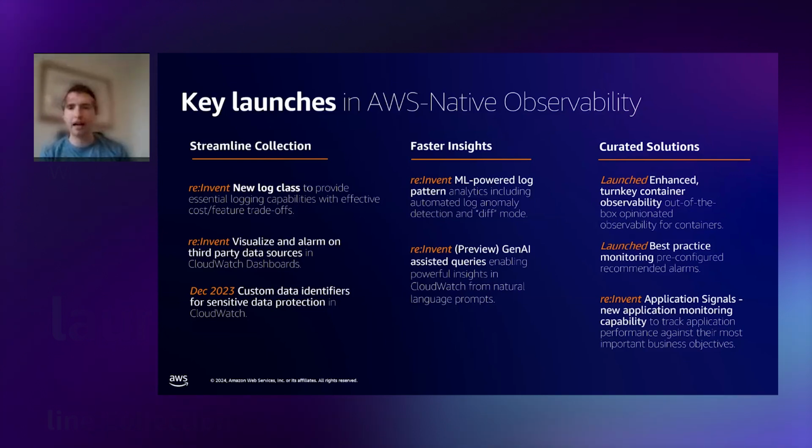And then lastly, on the right-hand side, continuing to help customers get out-of-the-box insights across their infrastructure and application layer of their technology stack with enhanced container insights, which is currently available for Java applications on EKS, as well as with application signals, which provides out-of-the-box visibility into critical business metrics such as SLOs for your business-critical application. This is one example of how we're continuing to improve end-to-end observability for our customers.